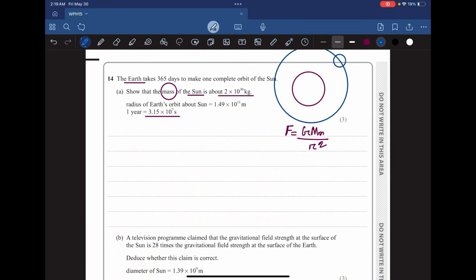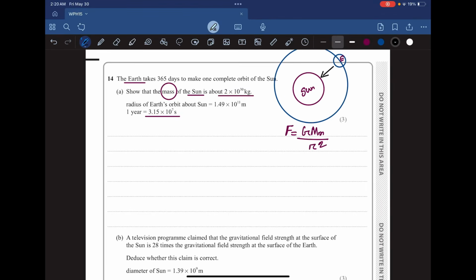When the Earth is revolving around the Sun, a gravitational force is exerted by the Sun on the Earth and by the Earth on the Sun. So let's talk about the gravitational force exerted by the Sun on the Earth. This is basically my Sun and this is my Earth. The Sun is exerting a gravitational force on the Earth in this direction. Let's try it like this.